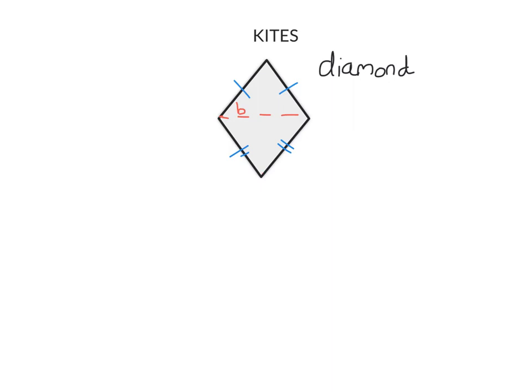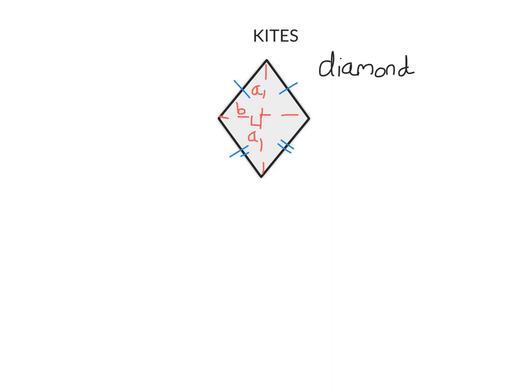Let's call this distance here the perpendicular height. This time I'm going to call it a. Because of the property of a kite, if this distance here is a, the distance from the center up to here is going to be the same. It's also going to be a.